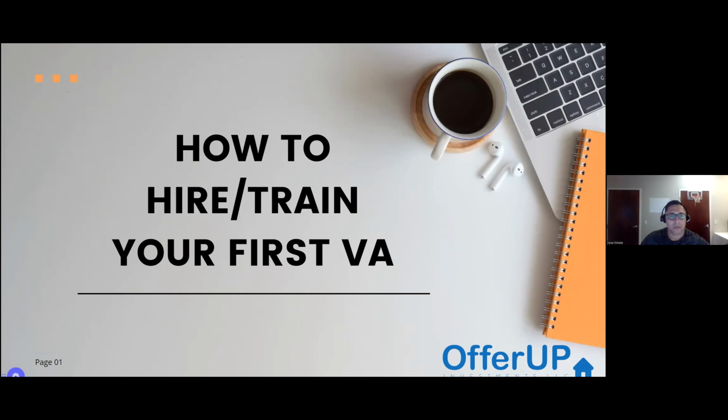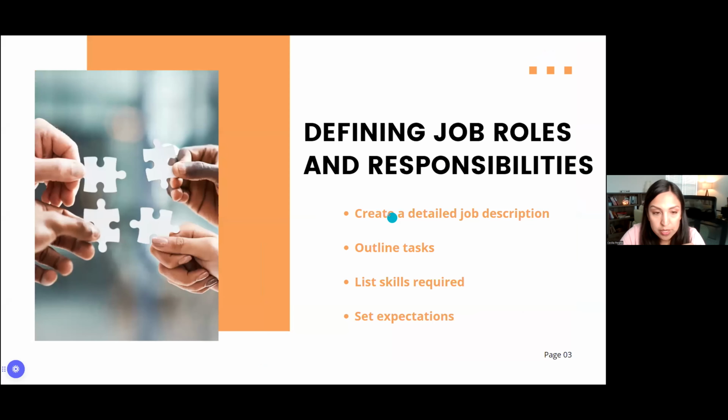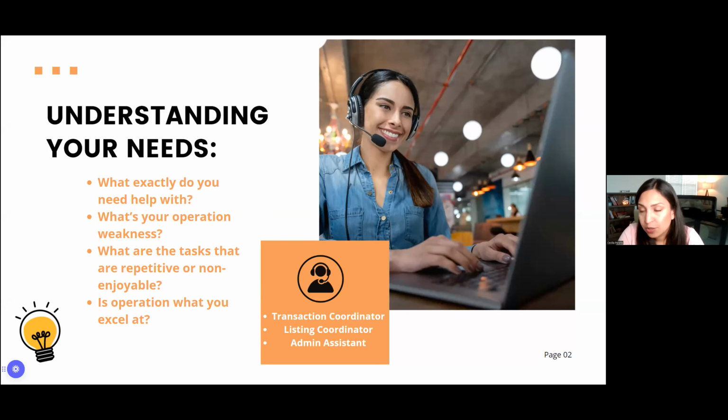Okay. So when it comes to VAs, the very first thing that you need to do is to understand what your needs are. What do you need the VA to take over for you? What exactly are the things that you are not good at, the things that you don't actually enjoy doing, the things that probably are repetitive, and the things that you need help with?